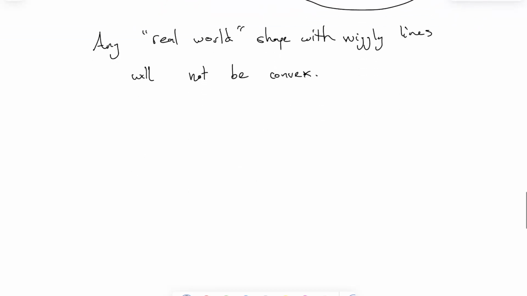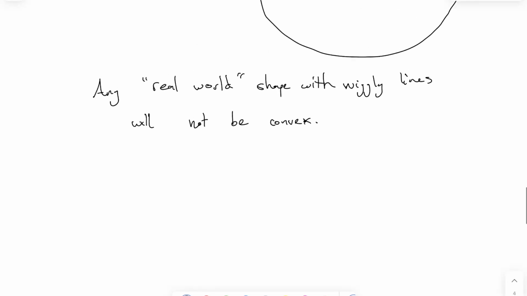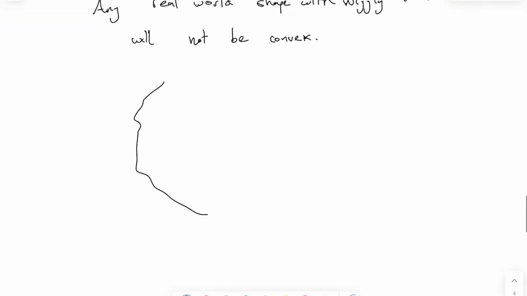For instance, if I draw something kind of like a circle, but with a slightly wiggly edge, something like this, right?